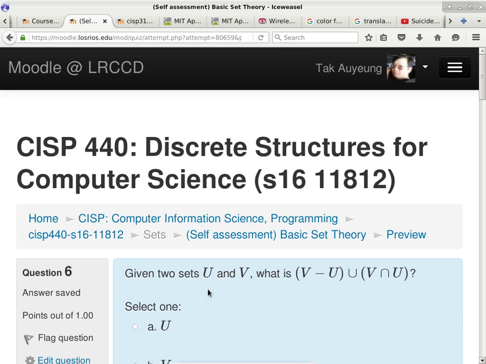What is the set consisting of elements that you can find in V but not in U? Just V all by itself, right? What would be the intersection between these two? It's an empty set. So when you union V with an empty set, you get V back. So it is still the same answer. It is just V, even though these two do not intersect anymore. Okay, good question.